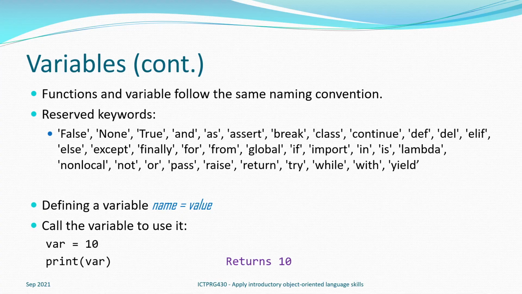So things that call Python to do specific, well-defined things. We can't reuse those names to define a variable to do something else. So a variable format is name equals value. So var equals 10. And if we then printed var, it would display 10 on the screen.